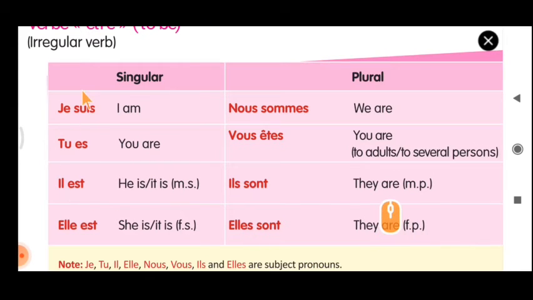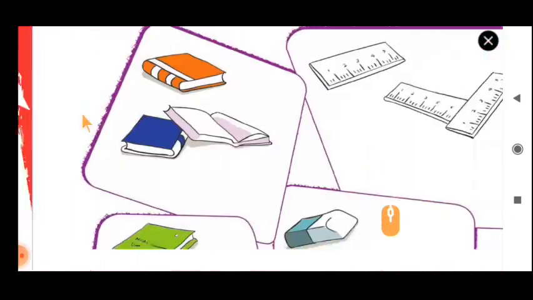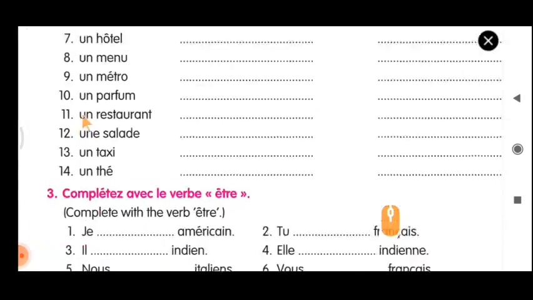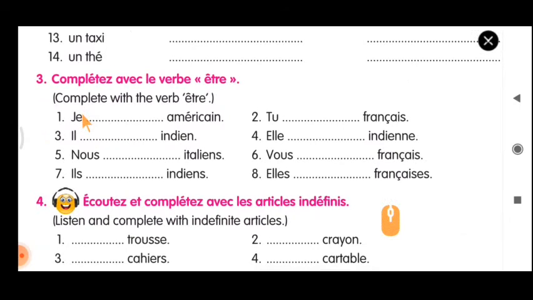For example, je suis, S-U-I-S. So the answer is je suis américain. Next is tu dash français. Tu es français. So ES is the answer here. Tu es français.